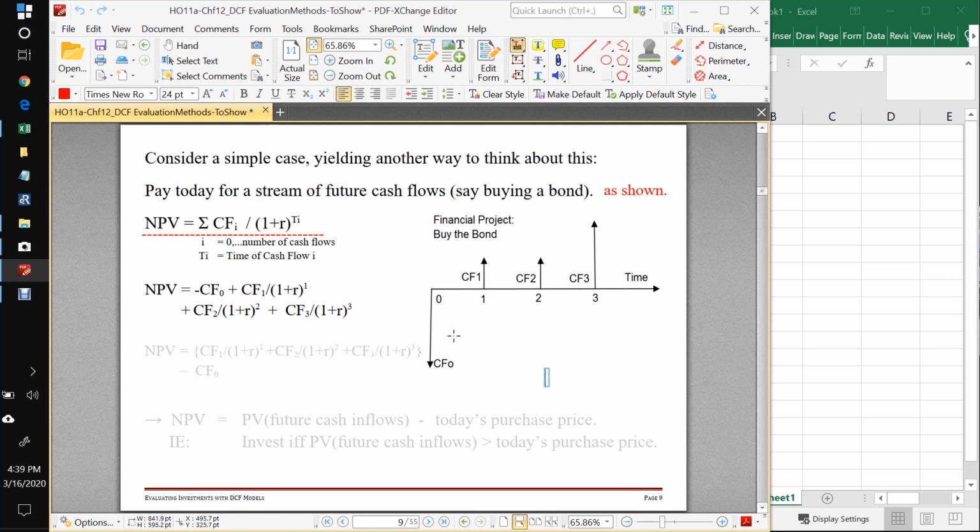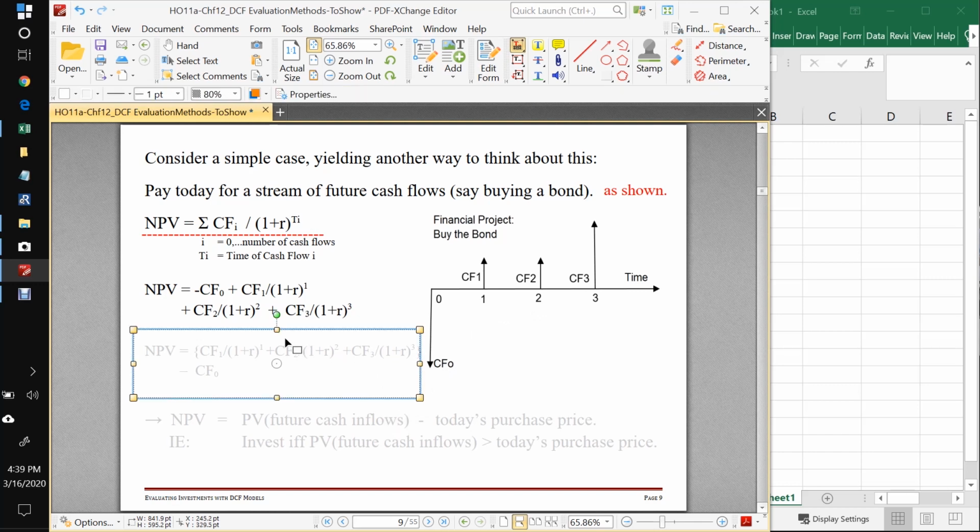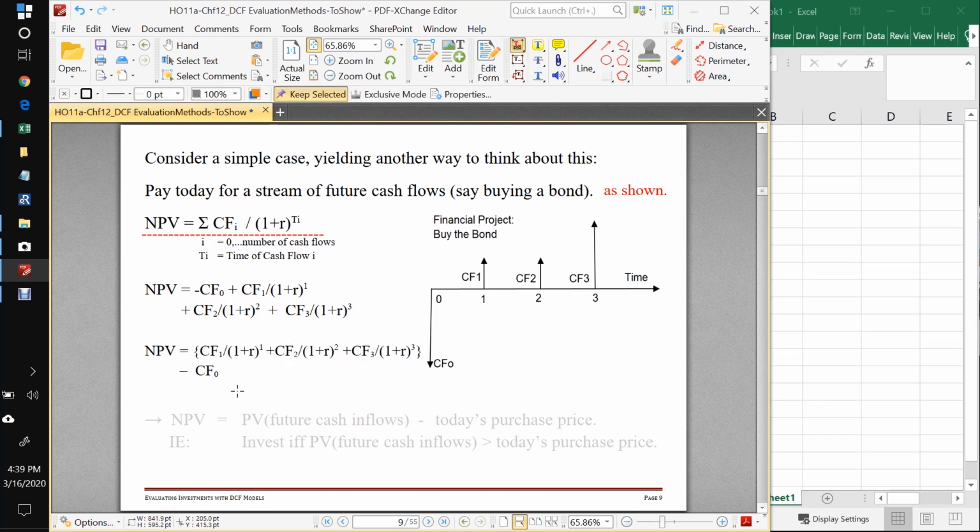Bring them all back to their equivalent at t equals 0. Now everything is on an apples to apples basis. And I can just rewrite this a little bit here by putting brackets around all the future cash flows that our participant is going to get here, group those all together, and subtract from that the cash flow she has to pay at t equals 0.